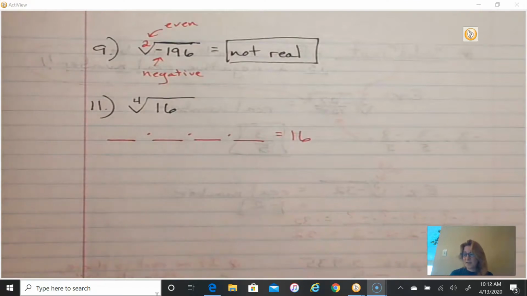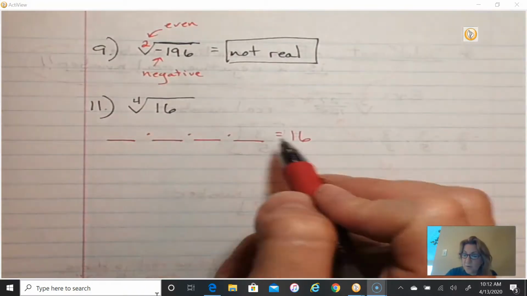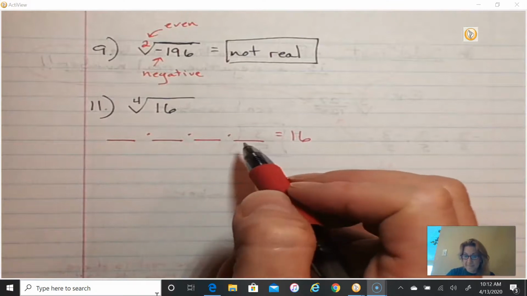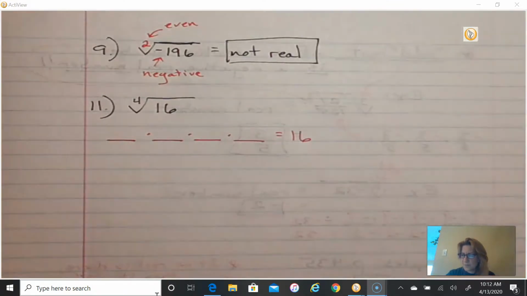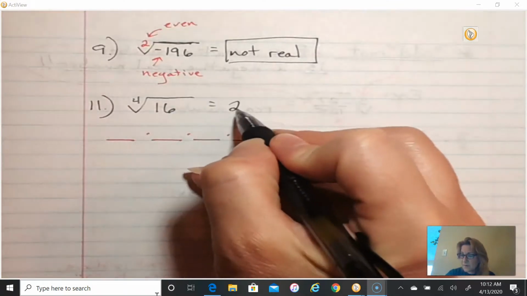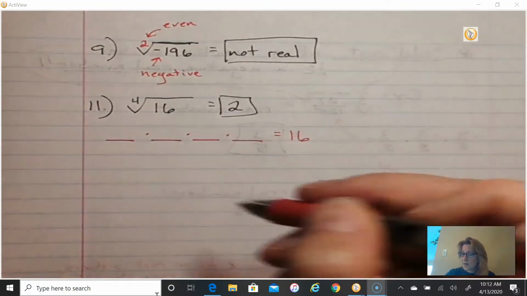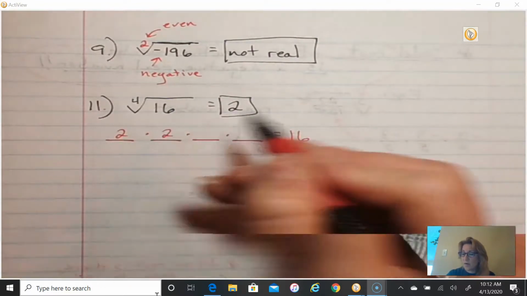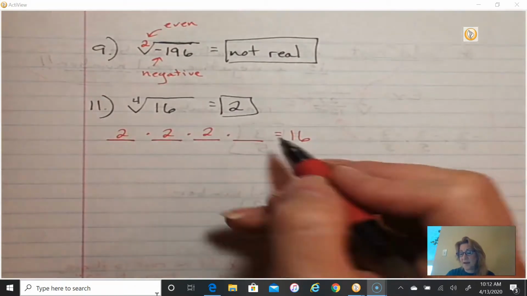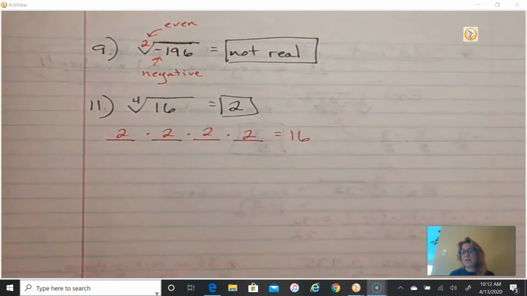You should be pausing these after I write this down and trying it on your own to see if you get the right answer. So, what number times itself 4 times gives you 16? 2. Because 2 times 2 is 4, 4 times 2 is 8, 8 times 2 is 16.